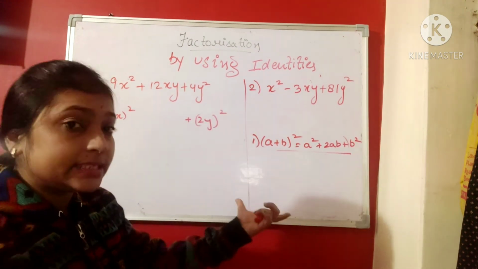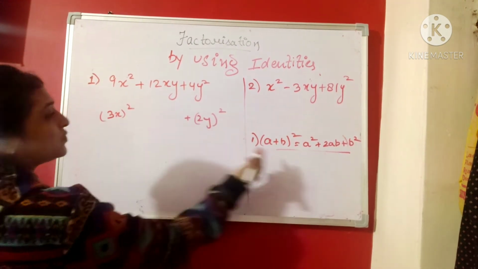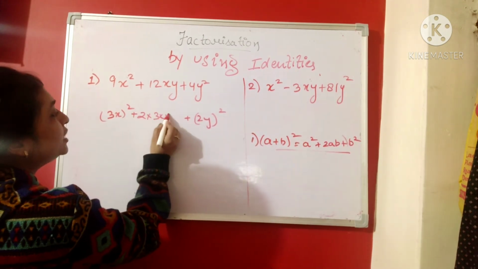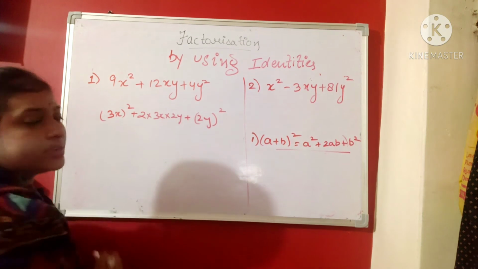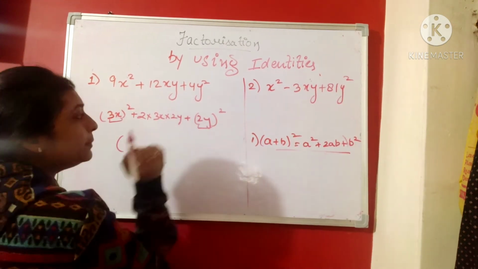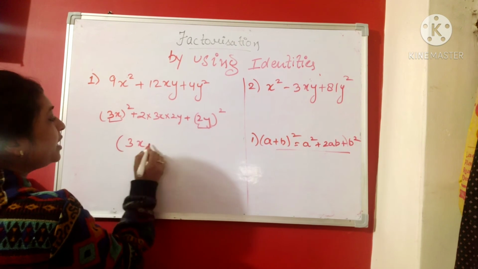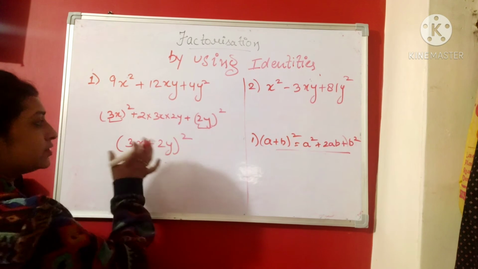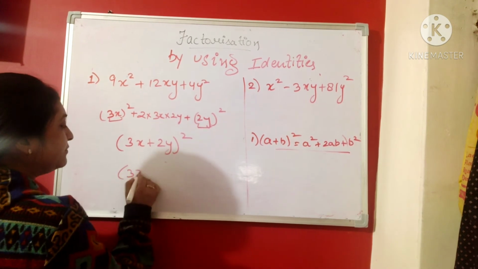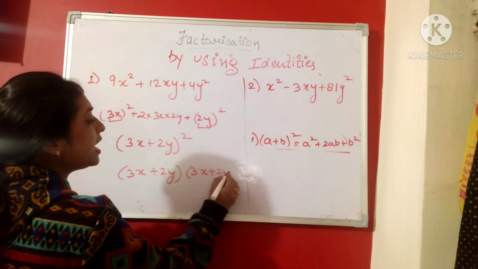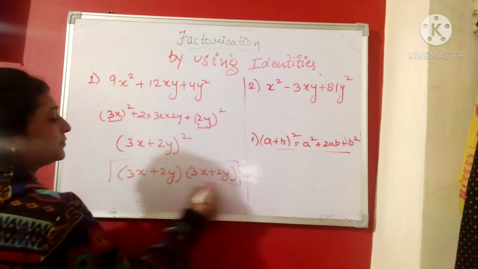Now, it is an identity, so it should satisfy this 2ab: 2 into 3x into 2y. See, it is giving 12xy only. That means this will be a, this will be b. So, 3x plus 2y whole square. Now, since it is a factorization, write the factors separately. So, this becomes the answer, right?